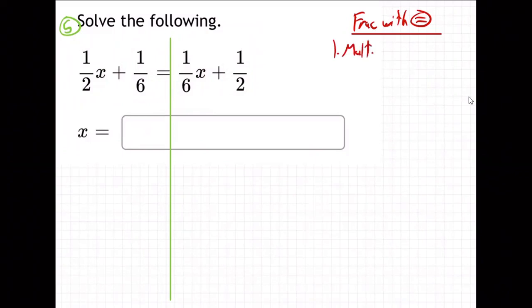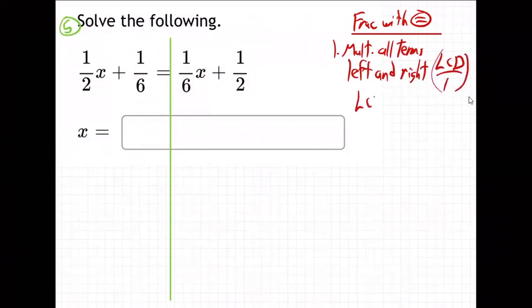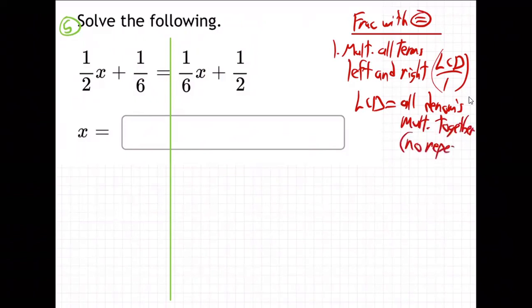We multiply all the terms left and right by the LCD over 1. And the LCD is all denominators multiplied together, but no repeats.